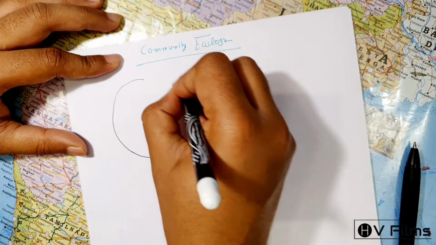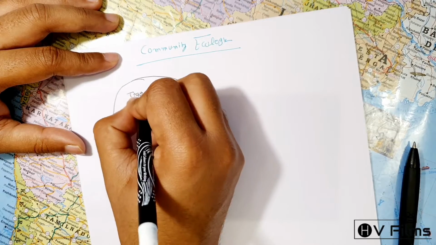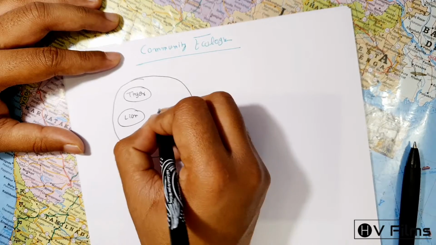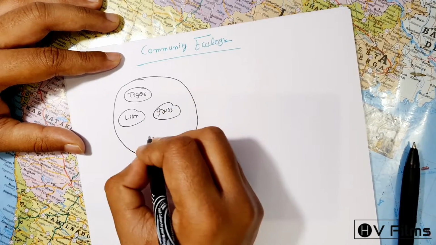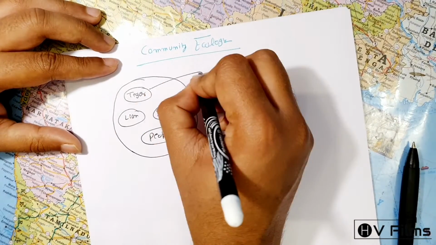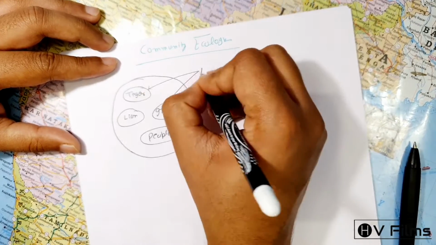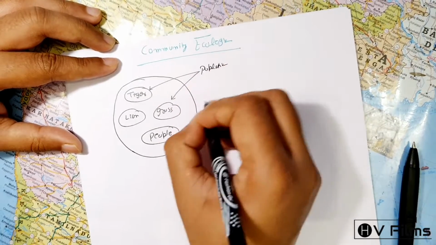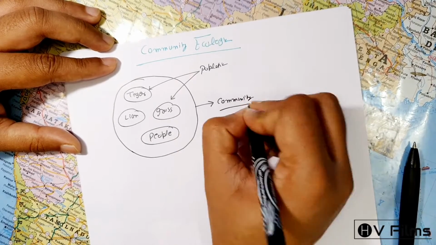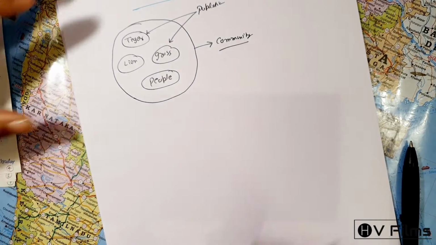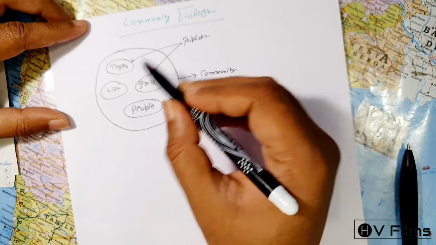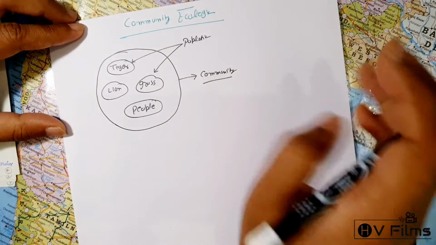As we have discussed, in one particular area there can be a tiger as one population, a lion as another population, grass as another, people as another population. So this all signifies populations, and this signifies the community as a whole.